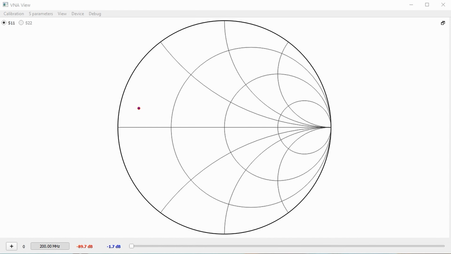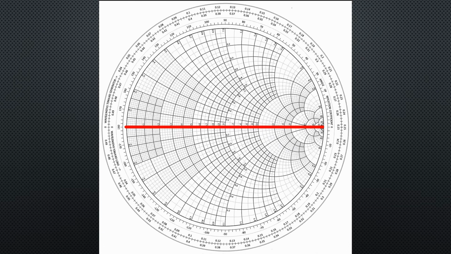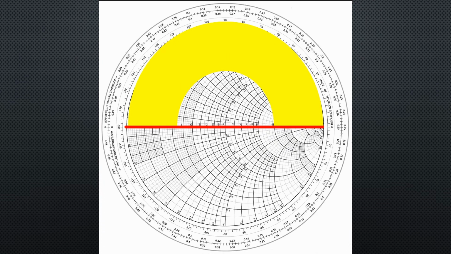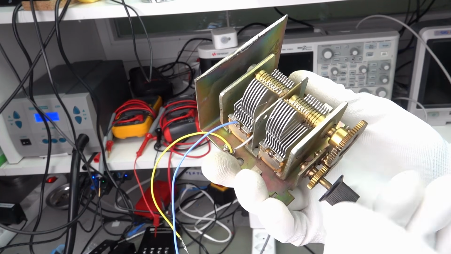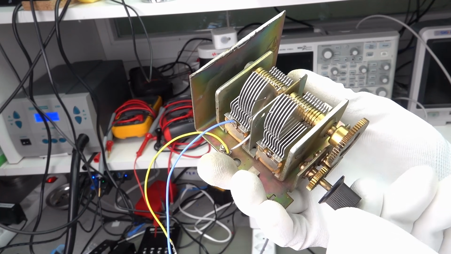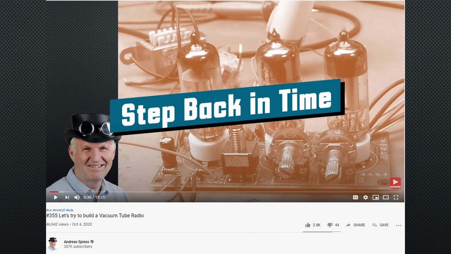Why do I know that this is an inductance? Because I know that above the center line we find all inductances. Below the line, by the way, we find all the capacitances. You do not believe it? Here I connect this beautiful variable capacitor I bought for my tube radio from video number 355.